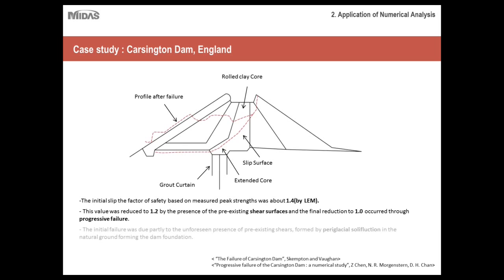So why did it fail exactly? The initial failure was partly due to pre-existing shears formed by periglacial solifluction in the natural ground. Essentially, in the region in which this dam was constructed, periglacial solifluction was a variable that needs to be taken into account. Periglacial solifluction is when water is periodically frozen, melted, and then refrozen.